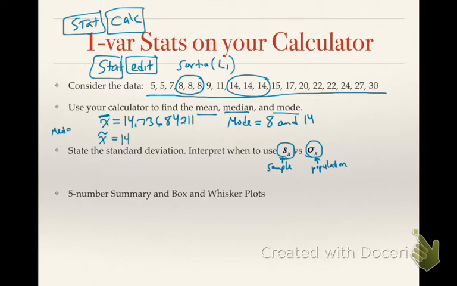Now, when to use each depends upon the problem. If you are told that you have the entire population, everyone that you could possibly survey or everyone that you collected data from, then you're going to use the sigma x, because you know the population, therefore the deviation that you have is the deviation of the population. It's known.